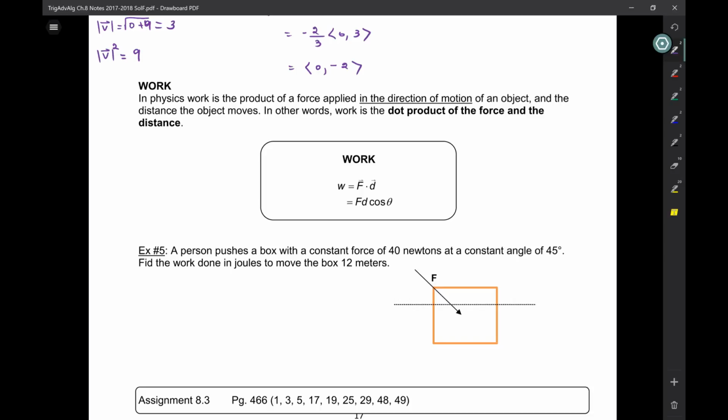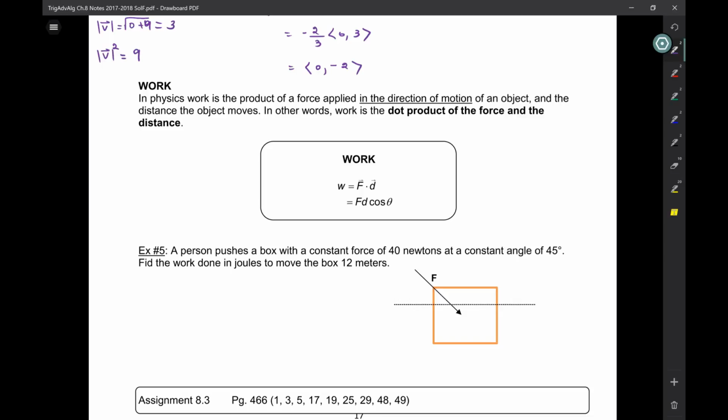And when that motion happens, the force that was applied in the direction of the motion is what makes work happen.